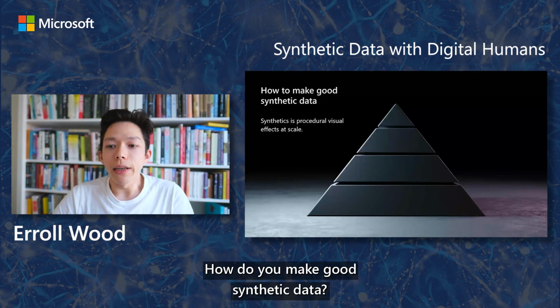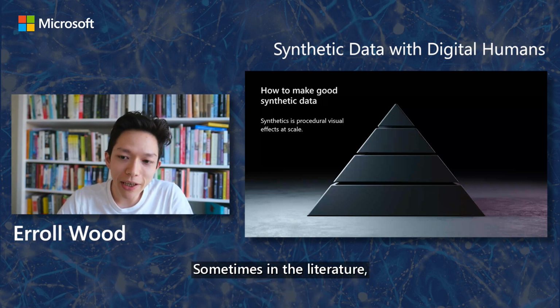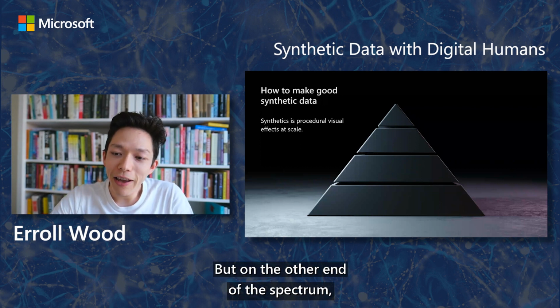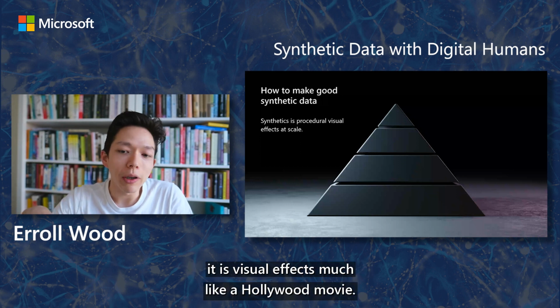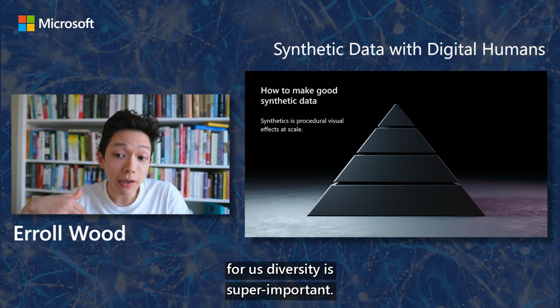So how do you make good synthetic data? I think the first thing to realize is that synthetics is visual effects. Sometimes in the literature, synthetics is used as a toy problem, but on the other end of the spectrum, if you do it right and at scale, it's visual effects much like a Hollywood movie. However, we've got to remember that for us, diversity is super important.